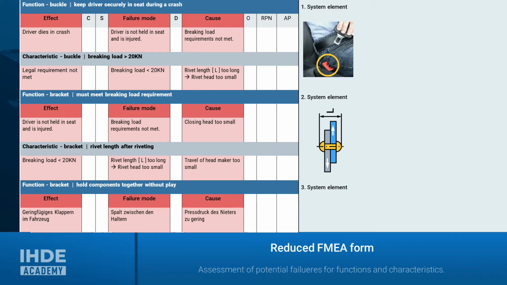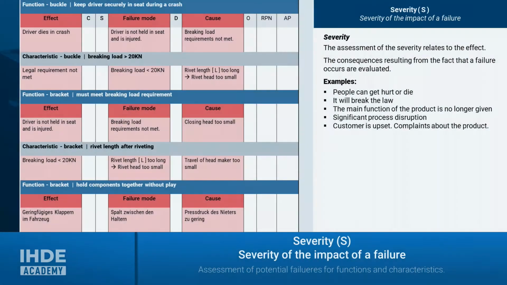We will therefore only carry out a risk assessment for the 2 system elements of the buckle and the bracket. To do this, we will look at the individual failures step by step, assess them and fill in the empty columns C, S, D, O, RPN and AP. Let's start with the column S.